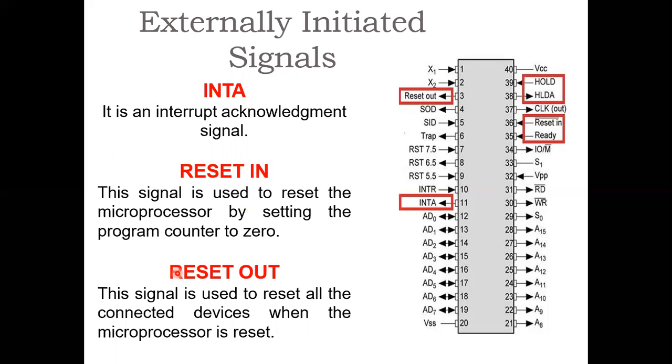If you press reset, the program counter will be 0. We already know that the program counter is the 16-bit register which stores the address of the next instruction to be executed. Then RESET OUT: this signal is used to reset all the connected devices when the microprocessor is reset.